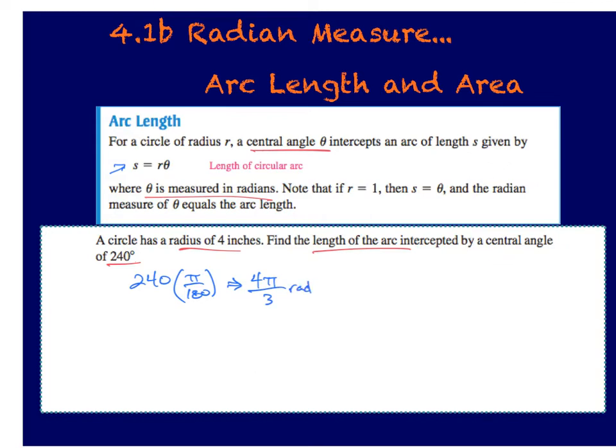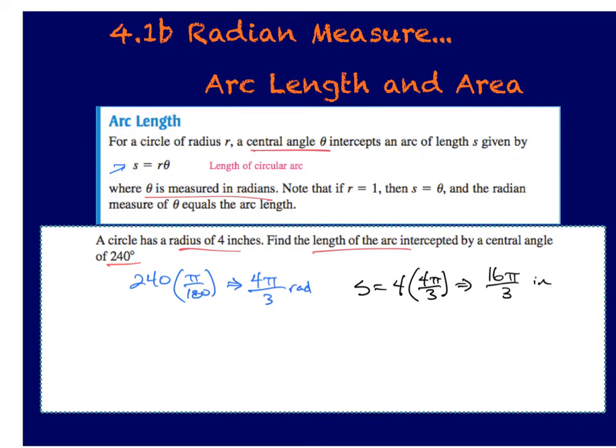Now I'm ready to put it in my formula. s is equal to my radius of 4 times my theta of 4 pi over 3. And so what do we end up getting? 16 pi over 3 inches. And so that's how we find our arc length.